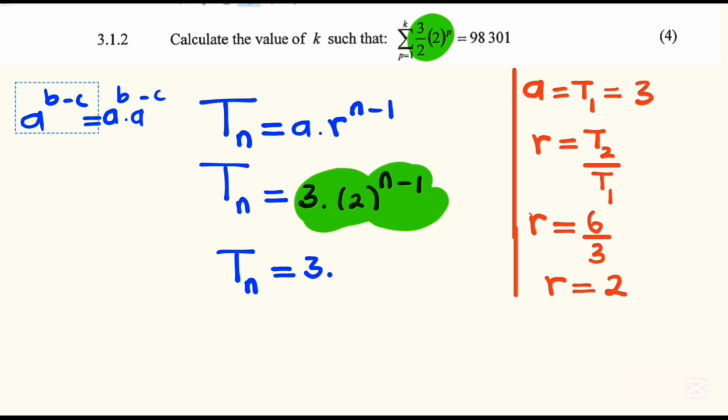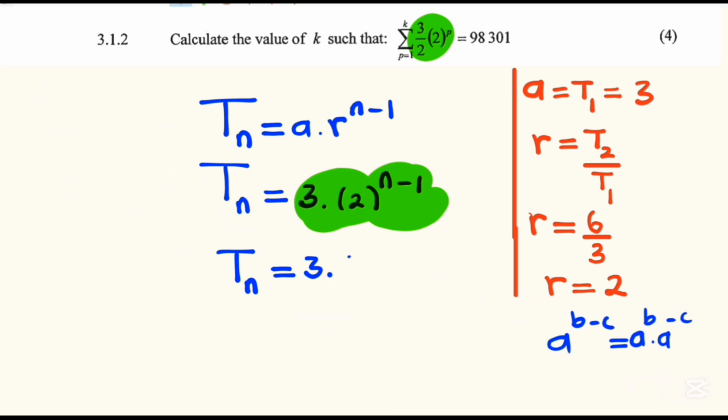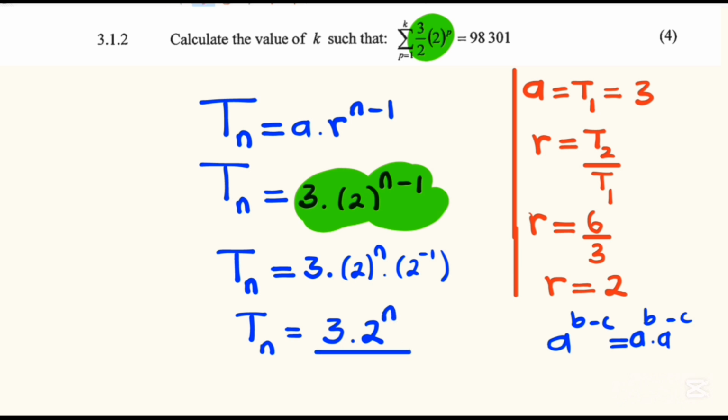So in the same way, we'll have 2 raised to the power n multiplied by 2 raised to the power negative 1, and our Tn will be equals to 3 multiplied by 2 raised to the power n, and we take that 2 raised to the power negative 1 from the numerator to the denominator, and the exponent will change sign to positive 1.